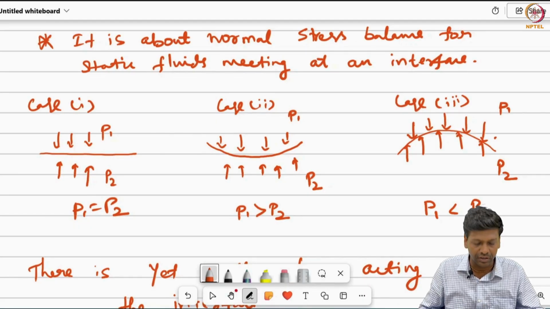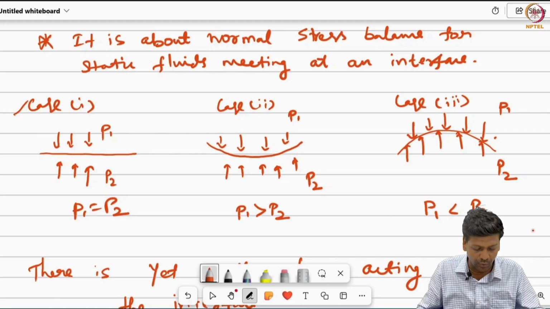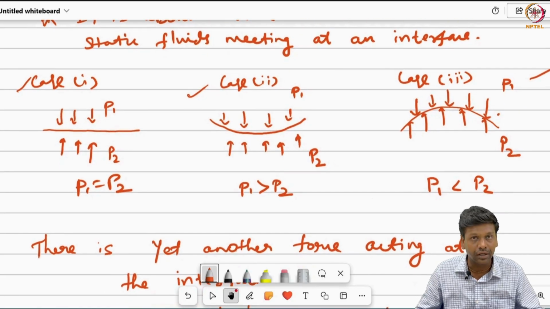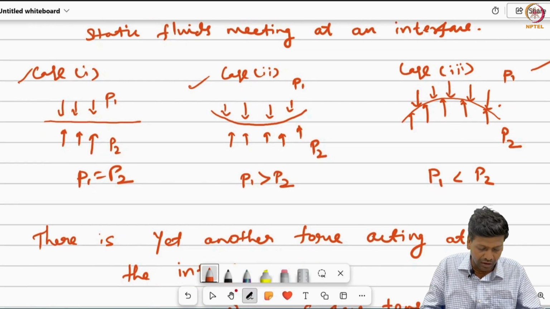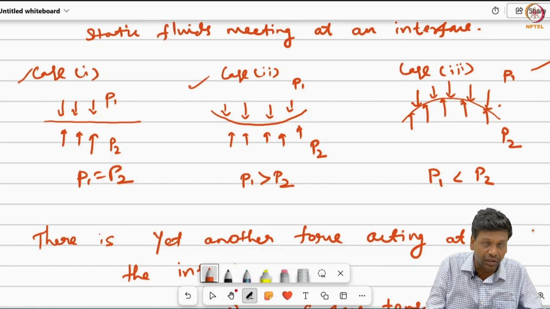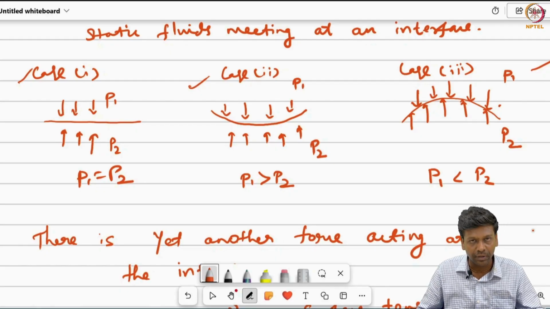Okay, right. So let us look at different scenarios, as we have schematically shown here. Let's say we have a case 1 situation, and situations like case 2 and case 3. In these cases, if you look at the pressure acting on the surface, for example in case 1, you see that the pressure acting on both sides is equal.